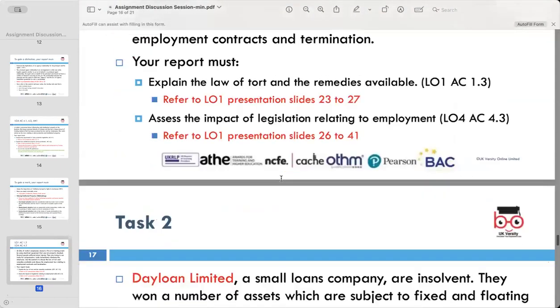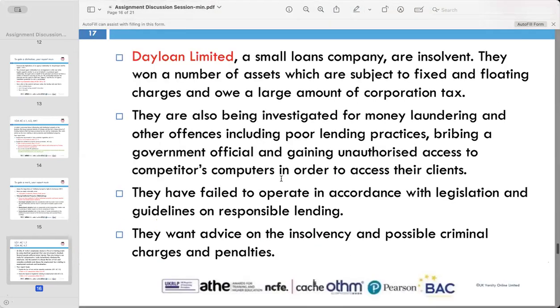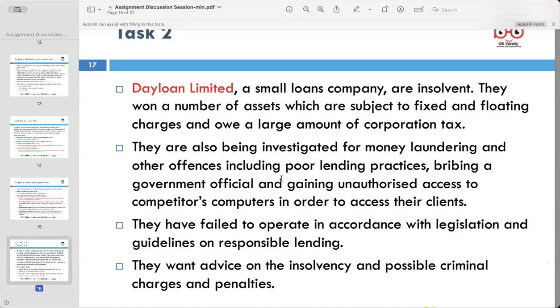Okay, so task 2, Day Limited loan, I will quickly go through. A small loan company is insolvent. There were a number of assets subject to fixed and floating charges, and they owe a large amount of corporation tax.